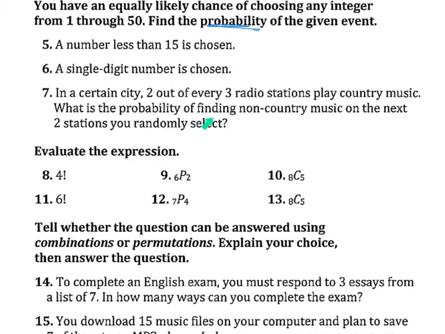What is the probability of finding a non-country music on the next 2 stations you randomly select? So if it's 2 out of 3 that it is country, well then what's the probability that it's not? Look at this carefully.